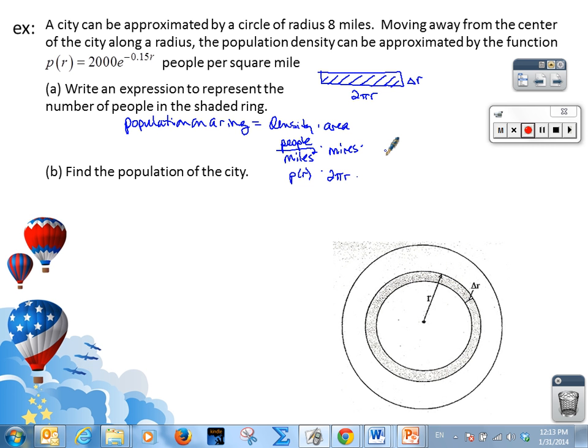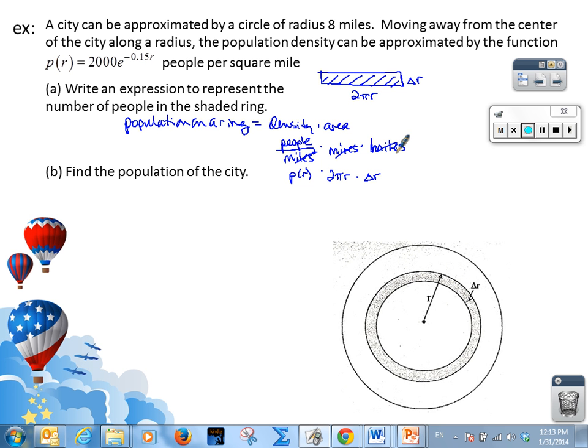It's the height of this little strip, or width, whatever word you want to use. It's also measured in miles. So the miles cancel and I'm left with people.